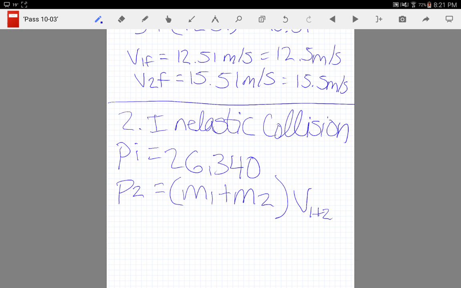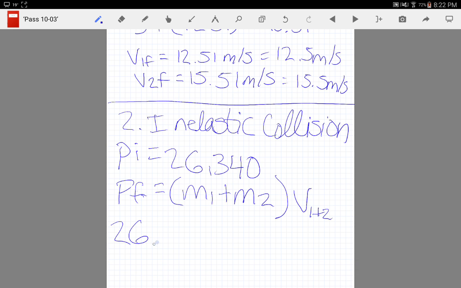Okay, so now we can plug in for this. We know that P initial and P final are set equal to each other.